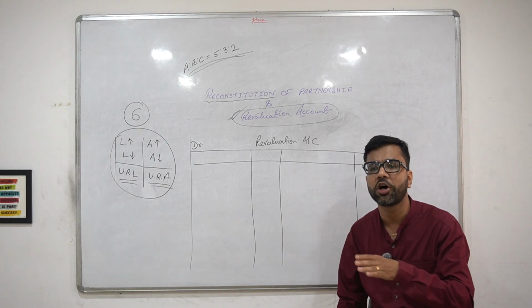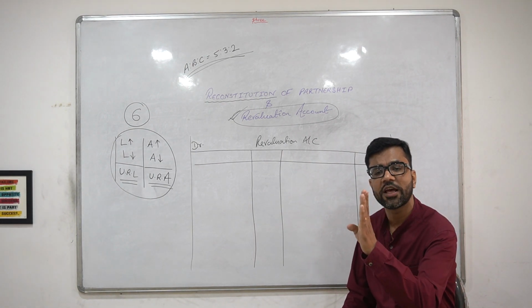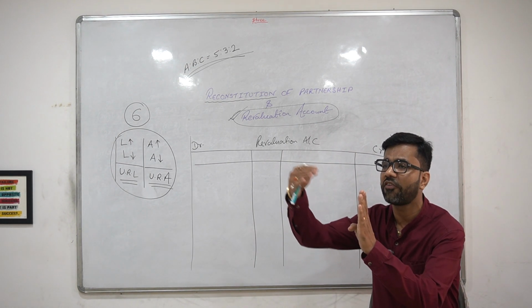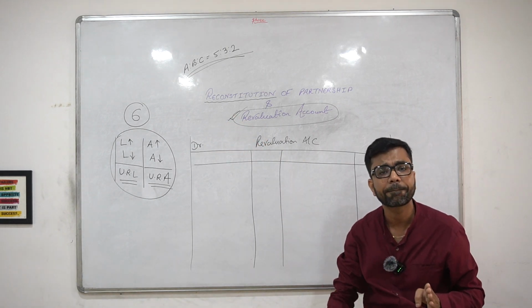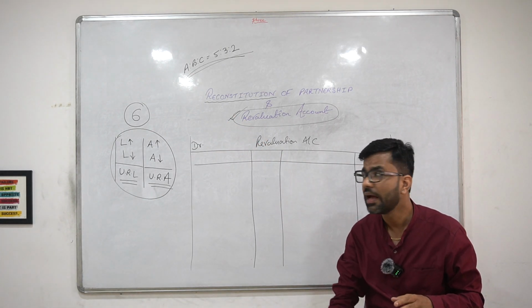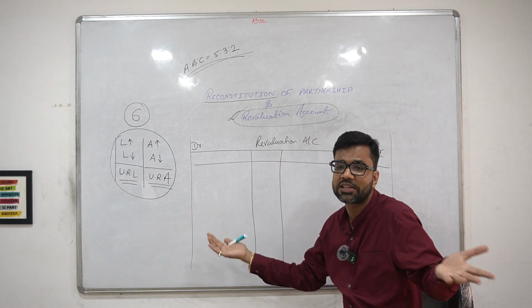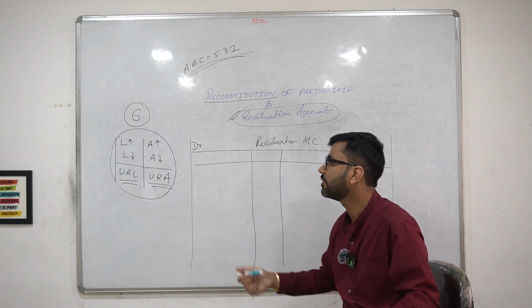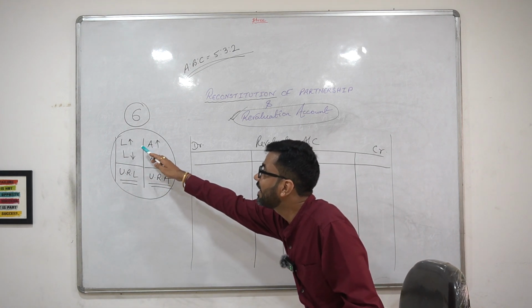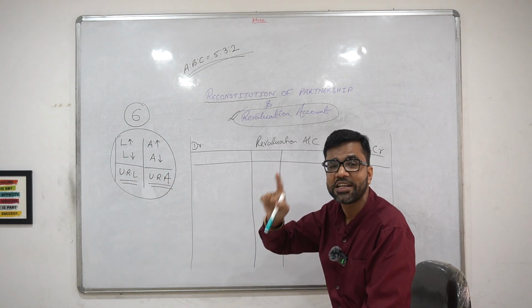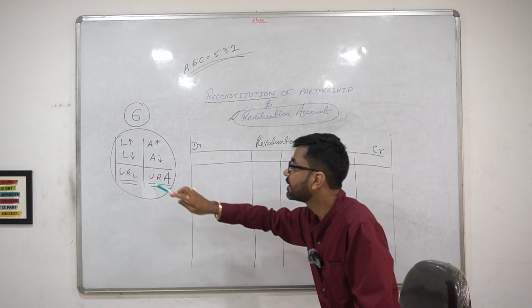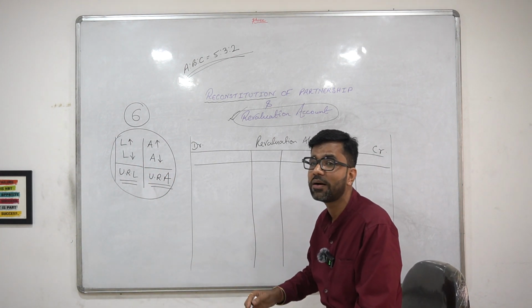I am very sure that person will be able to say, sir, अगर एसेट का वैल्यू बढ़ा है तो फायदा हुआ है. My second question, अगर एसेट का वैल्यू कम हो गया तो that person will say, sir, एसेट का वैल्यू कम हो गया तो नुकसान हुआ है. Similarly, if there is an increase in liability, it is a loss. Decrease in liability is a profit.